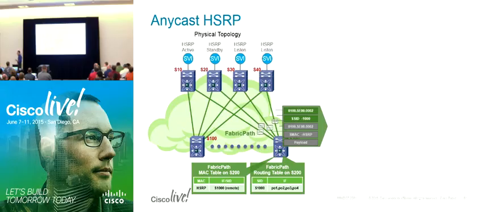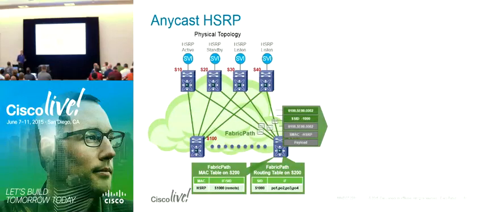And some may ask, why would you have Anycast HSRP with FabricPath if you can have Anycast distributed gateway in control plane-based fabrics? And the answer is they solve different problems, right? Now, the Anycast distributed gateway requires some level of automation and orchestration in the network that is provided by an external controller.